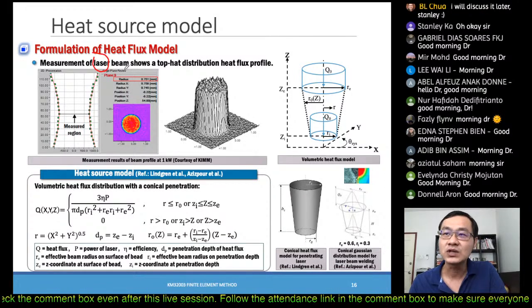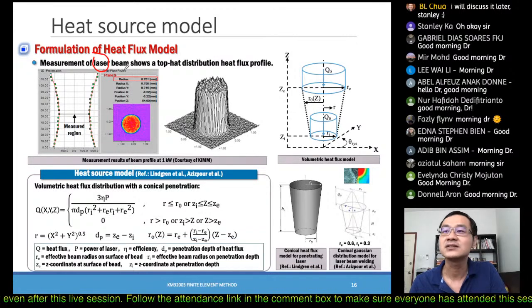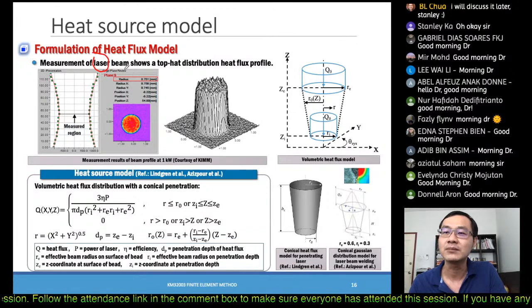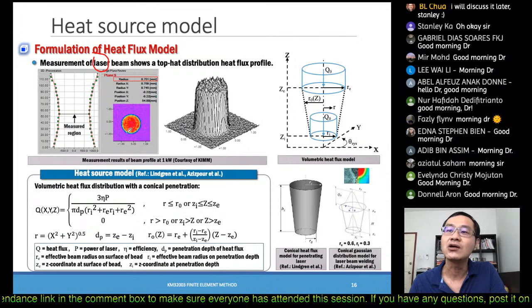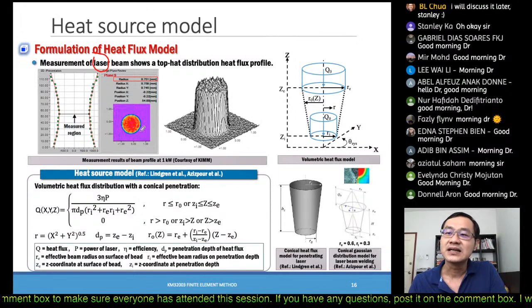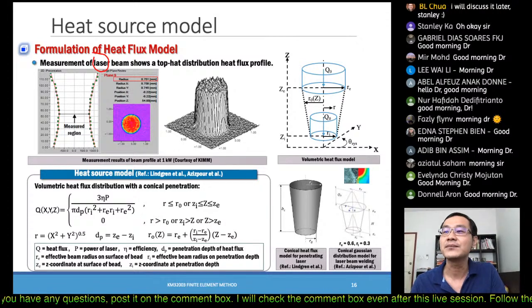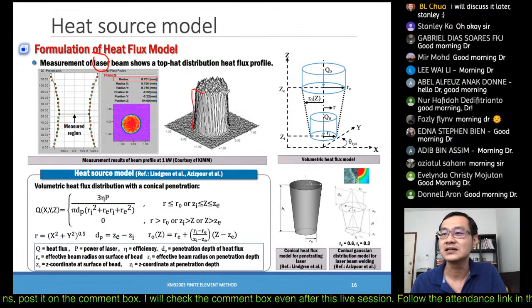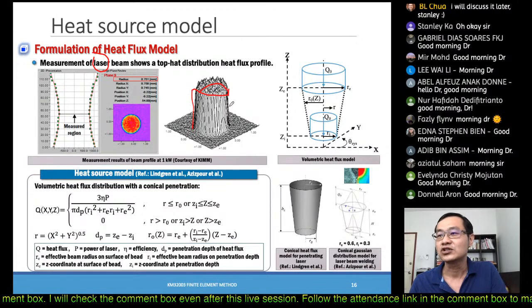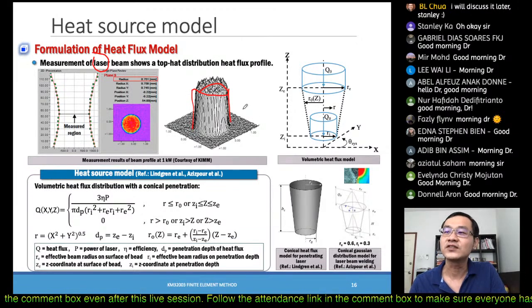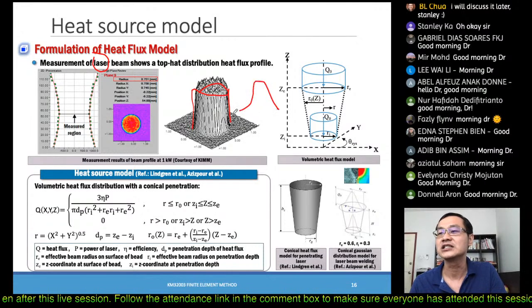If there is equipment, then we can measure how the laser heat flux is actually being distributed. In this case it is what we call a top hat distribution. In some cases it is a Gaussian distribution.